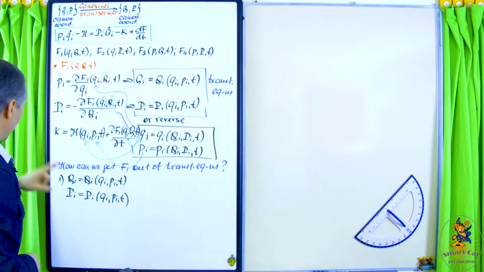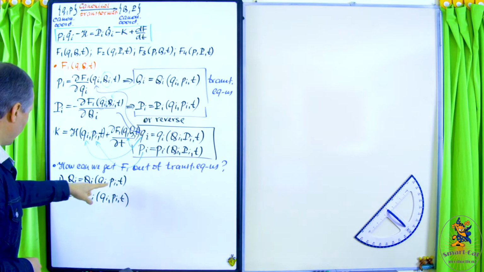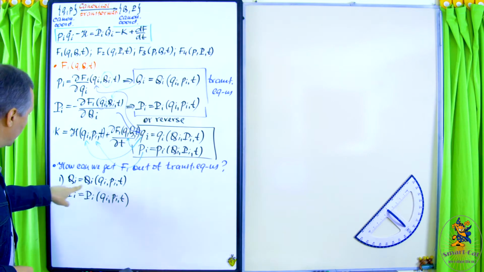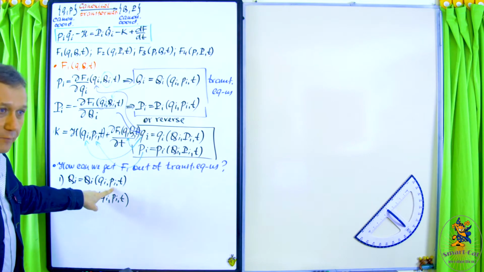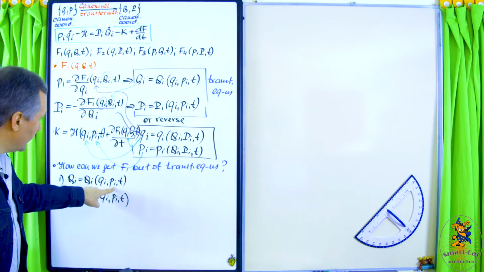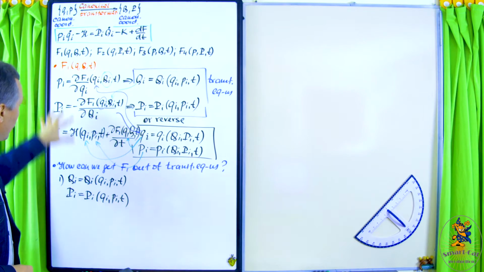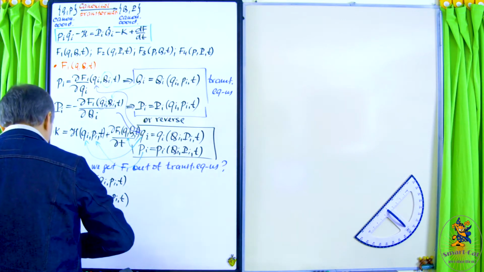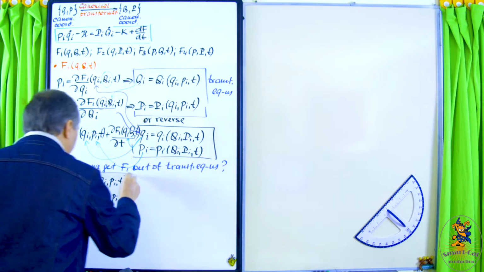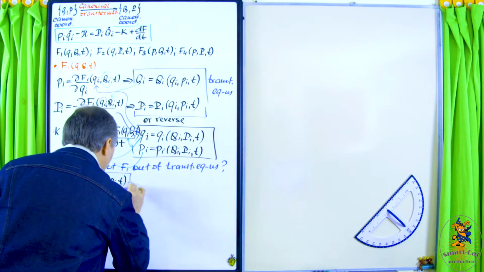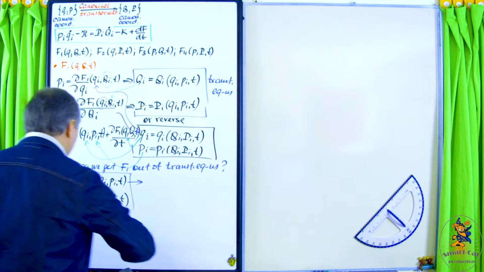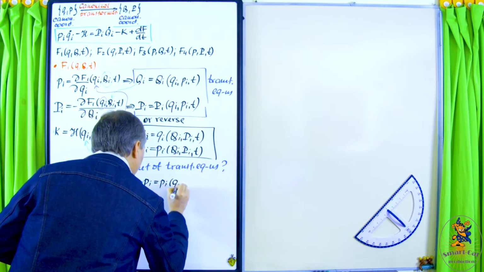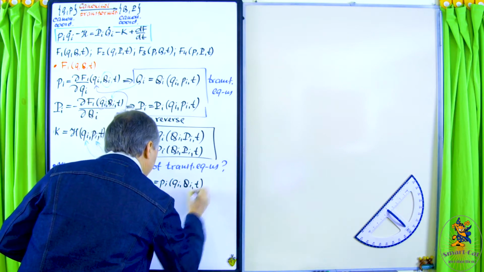So where can we get that? From the first equation. You see we have p small, q small, and Q capital. If we invert this equation, we can extract p small and write it in terms of q small and Q capital. That's the first step. So this is given, and now from the first equation, of course, we can write p as a function of q small, Q capital, and time.